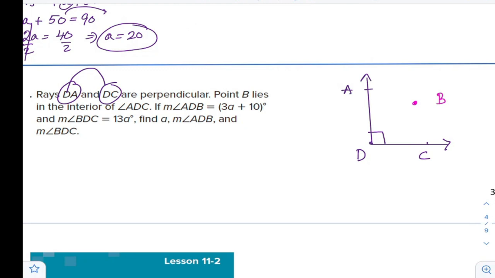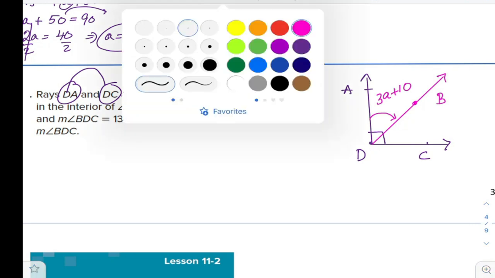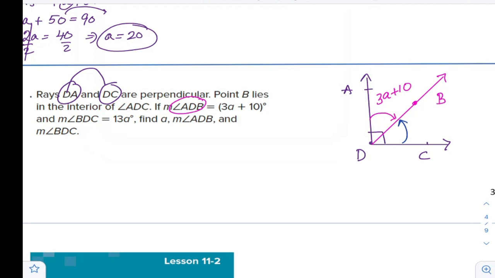If the measure of angle ADB, so أنا أتكلم عن هاي الانجل ADB, is 3A plus 10. And the measure of angle BDC, so this angle is 13A.